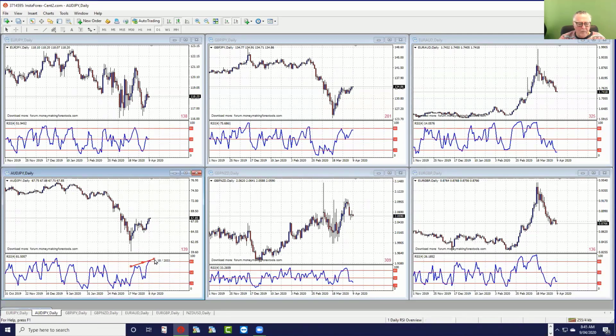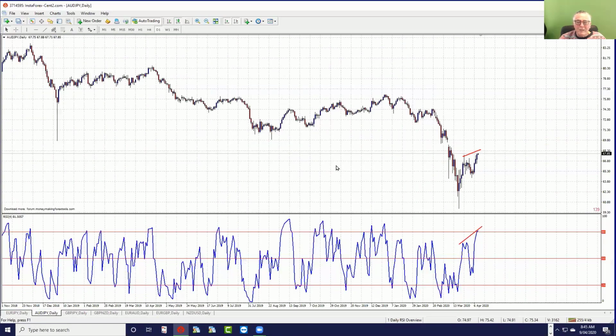Right. We spoke about divergences yesterday, and there is a non-divergence, which is also a signal. When there's a non-divergence, like it's happening right there now, a double top normally forms a divergence. That's how the formula works. If you see a double top, the RSI should show you a divergence. Let's see if I can find one.